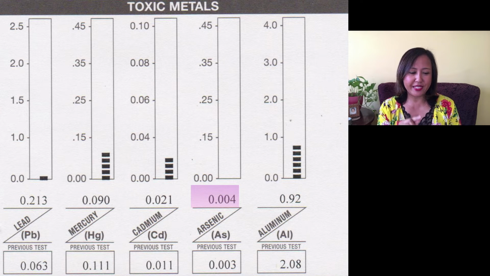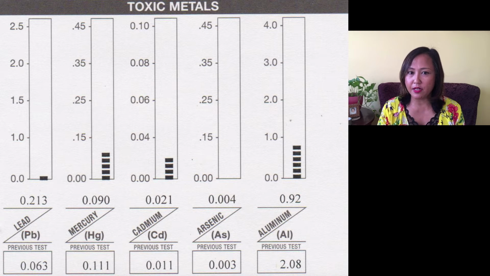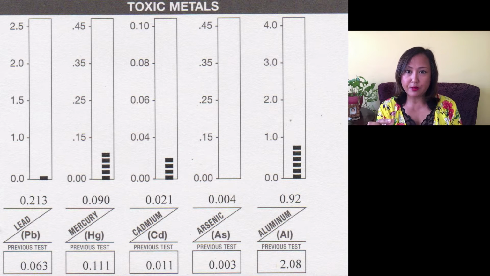However, he did not receive that black square that you see in that section of the toxic metals, as opposed to all the other heavy metals reflected in that report. Why is that? Because truth be told, all of us are exposed to some form of heavy metals, whether we're retaining it or not. When you see an absolute number but you don't see the black bar, it means that the exposure is less than, let's say, the general population, and that's pretty good.